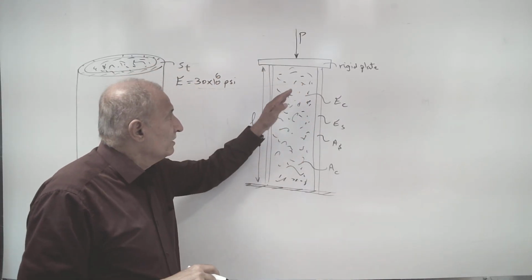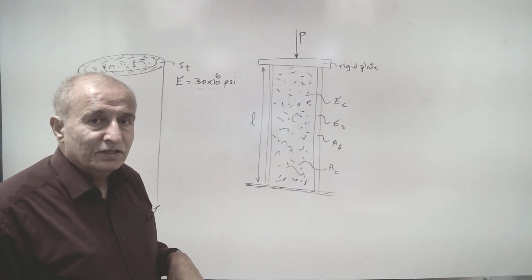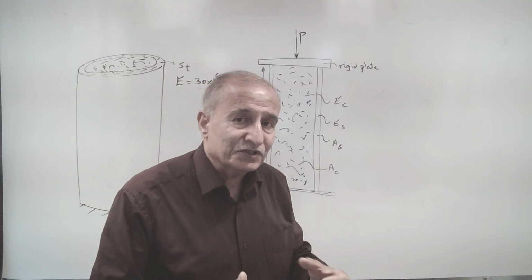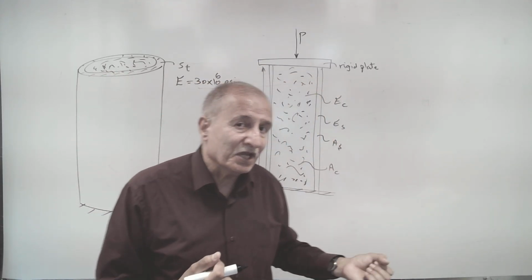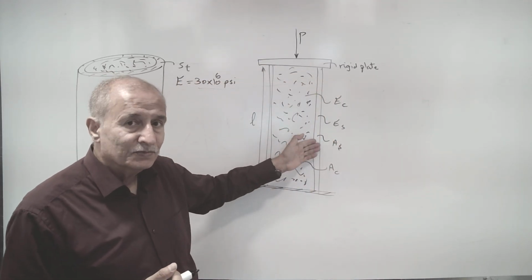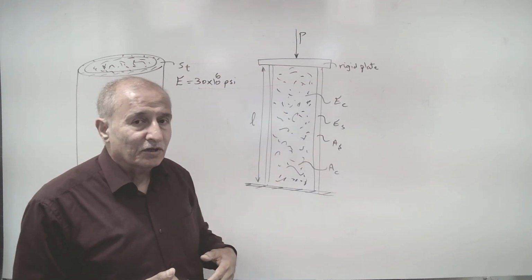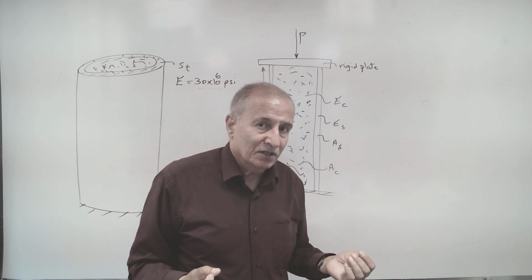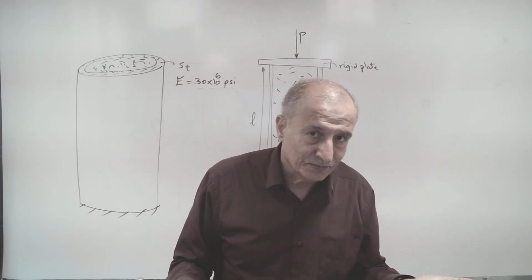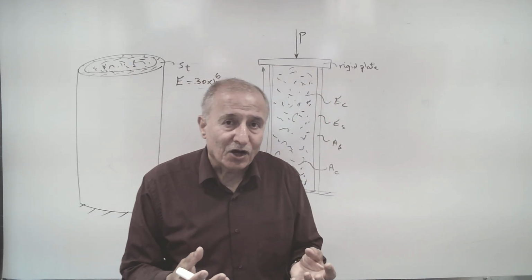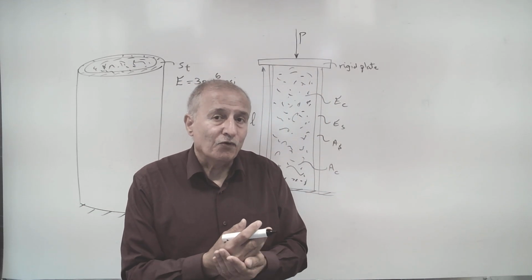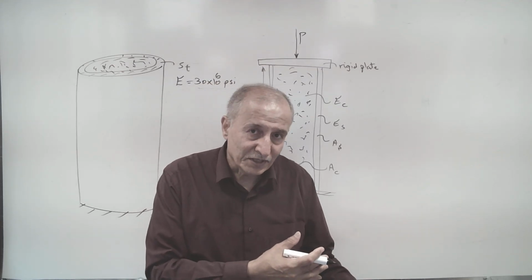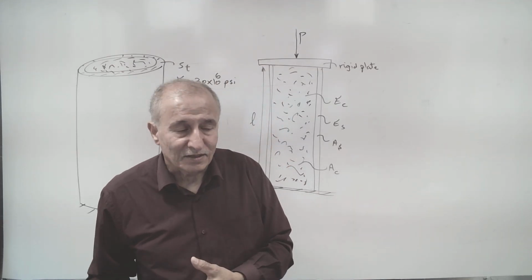Then, when the force is applied, a portion of this force is taken by the steel tube, and a portion, a percent, is taken by the concrete. They are not equal. We want to find out how much force is taken by concrete and how much by steel.